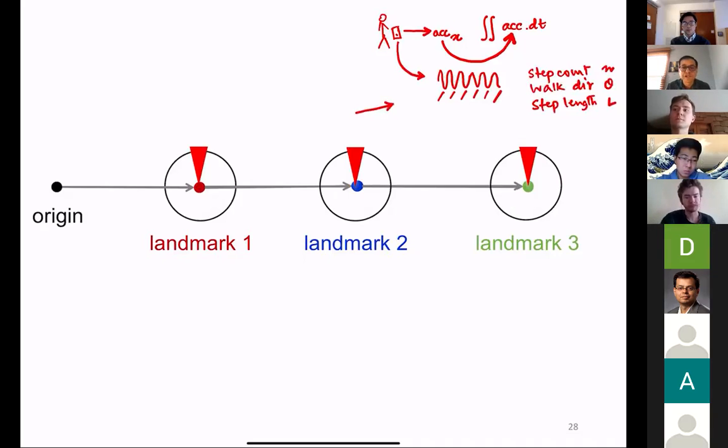You're going towards theta for distance L. Next step, another vector. Next step, another vector. So I add all of these n steps, and that's also a way of figuring out how much I have moved, right?